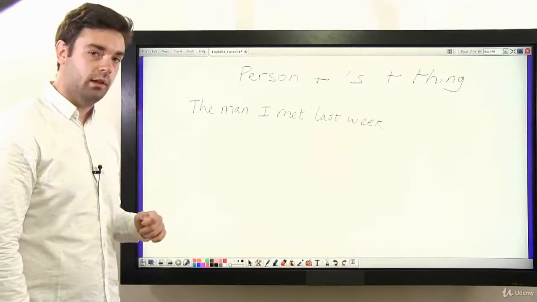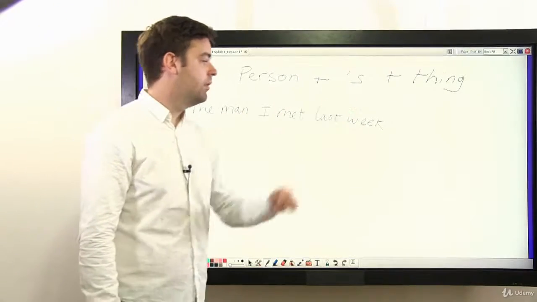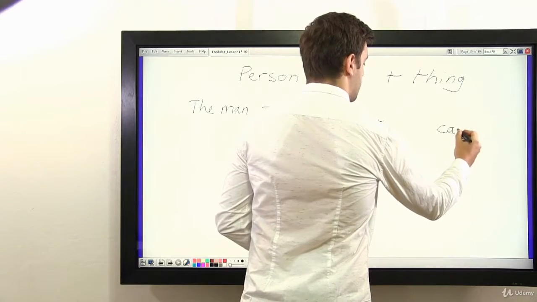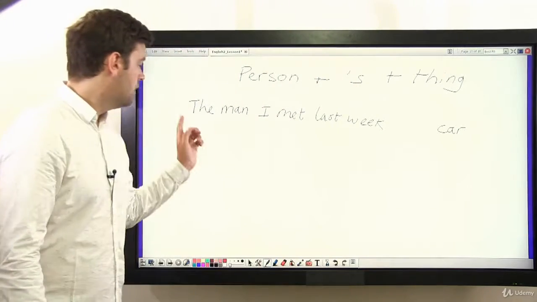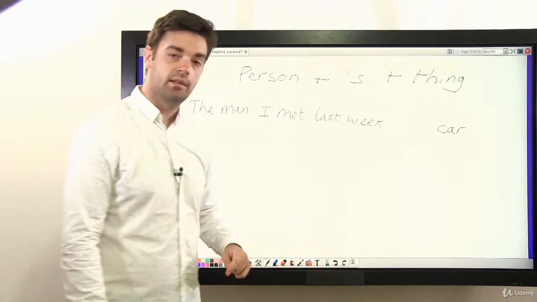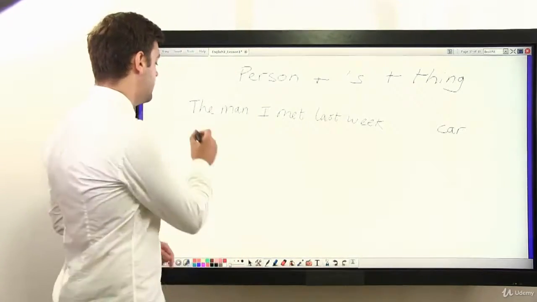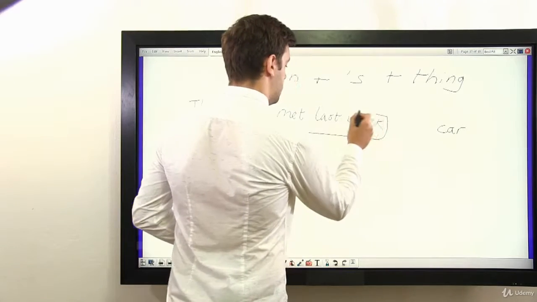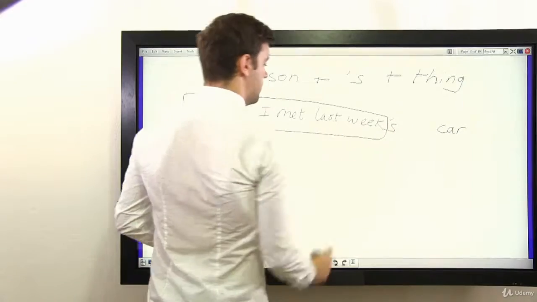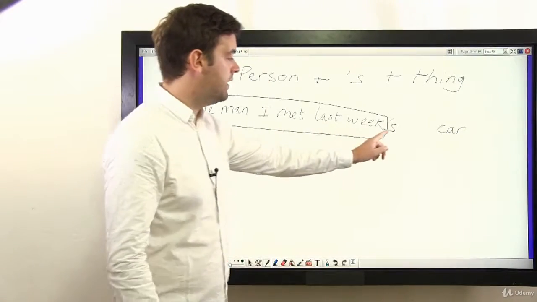The man I met last week is the person. What's the thing? Let's say car, okay? We need to put the apostrophe S. We put it because this is the person. We put it on the end. Apostrophe S. The man I met last week's car.